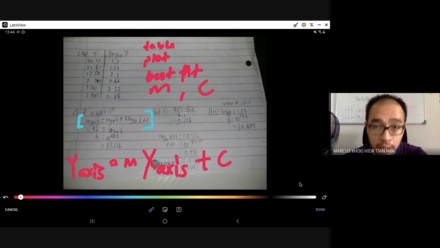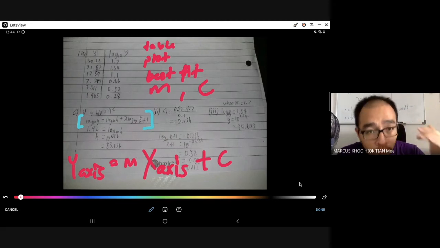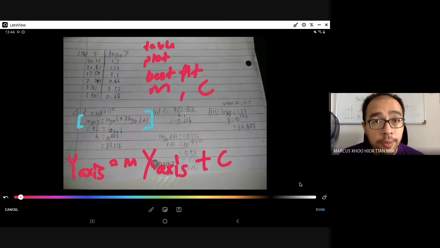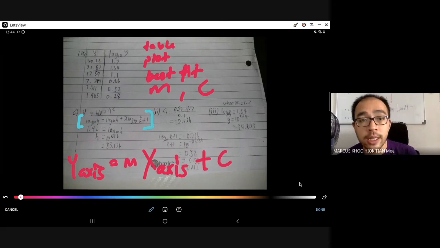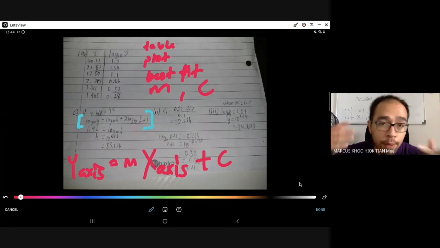No matter what the question asks, these 6 steps never change. If you can go up to here, you should be able to get 5 out of the 10 marks. Of course, what Chongzhe has done is he's answered the whole question, and answered it very well. He compared the gradient to the log K1 and so on. That's all well and fine.